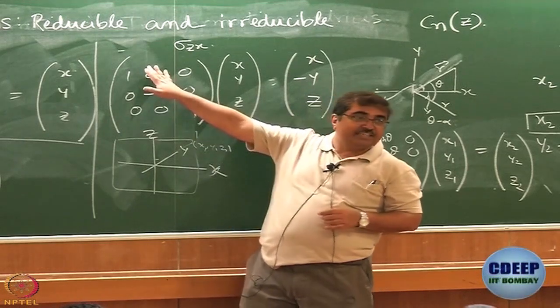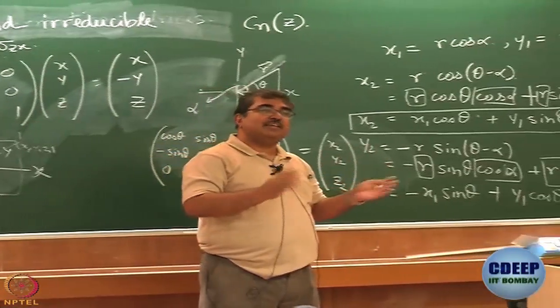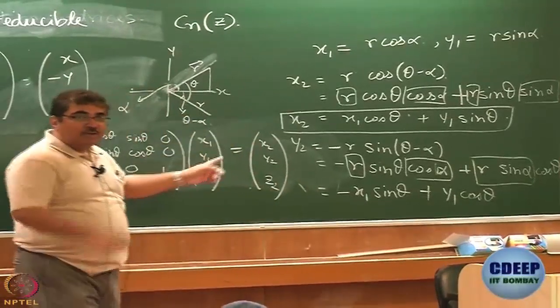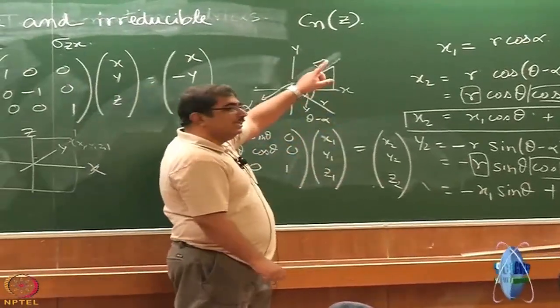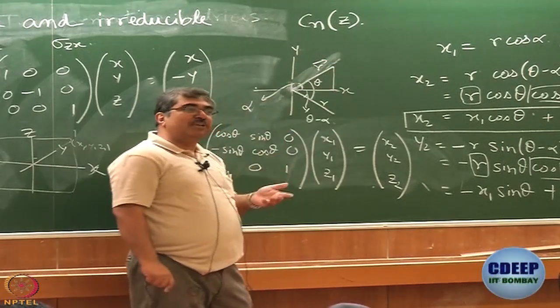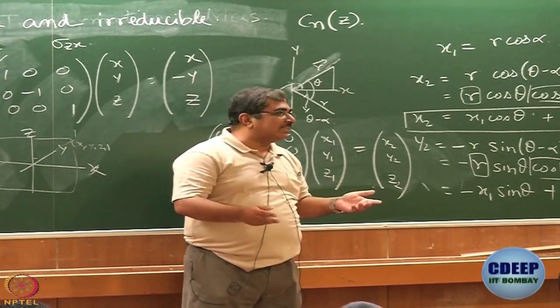When we did the reflection here, there was no mixing of coordinates, right? x either remained x or became minus x, same with y, same with z. Here, however, when you rotate, it is not very difficult to see that mixing of coordinates takes place, right? The transformed x coordinate cannot be represented just as something multiplied by x.